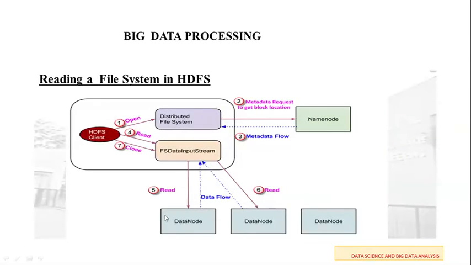Because of the fifth and sixth steps, the actual data is read from the data node, and after the completion of reading, the close signal is sent from the client. So this is the complete operation. After the seventh step, the complete reading operation is performed in HDFS.